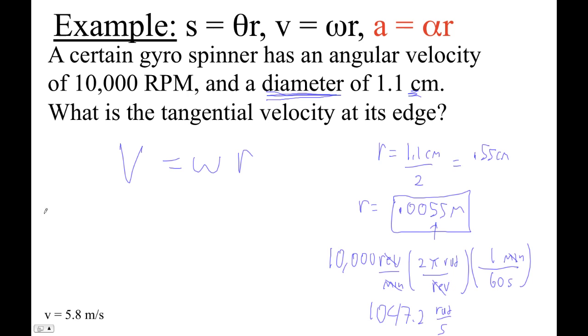Now all I have to do is V is 1,047.2 rad per second times 0.0055 meters. Now notice we're going to get meter radians per second. But remember, the radian really isn't a unit. It's meters per meter. It's a pure number.